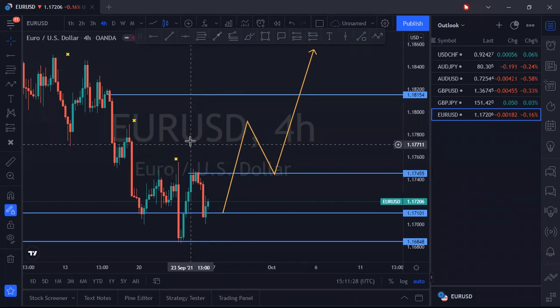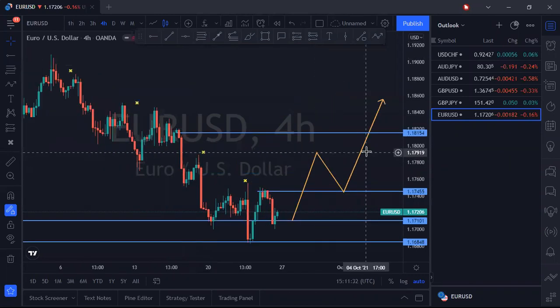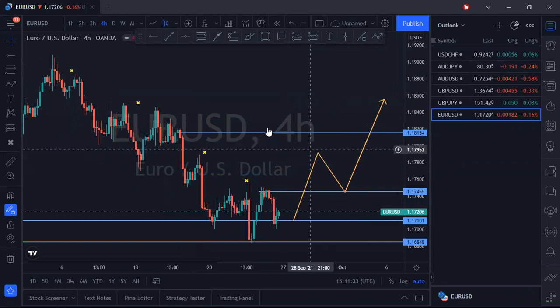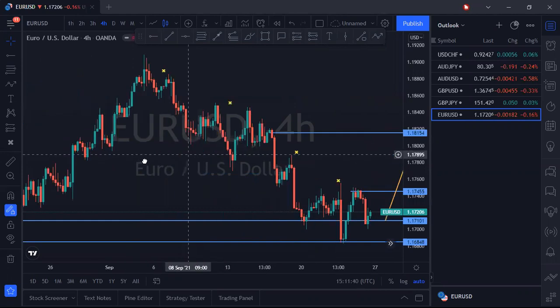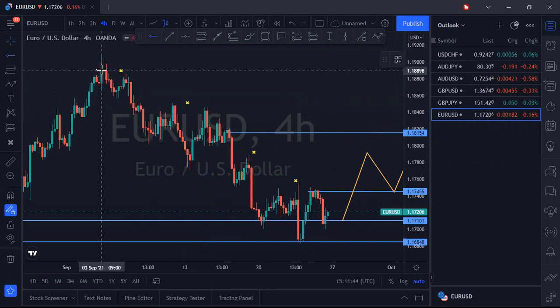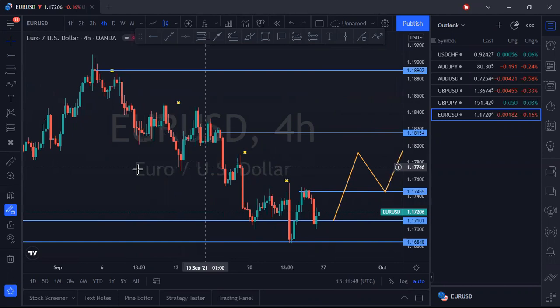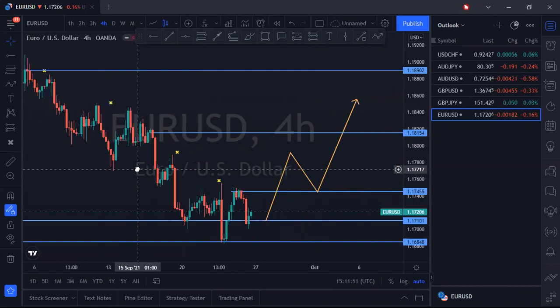That is my objective on the market. So this will be my first target. If price gets here and I see a reaction for a buy, then I'll target here too. So going into next week, that is my expectation on Euro USD.